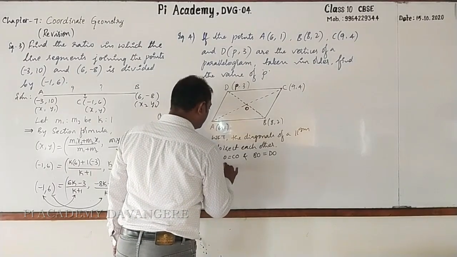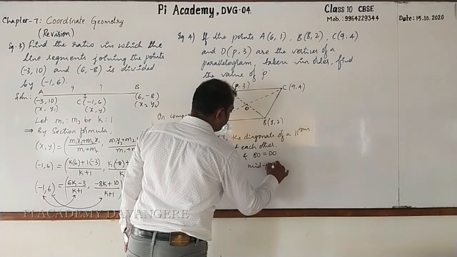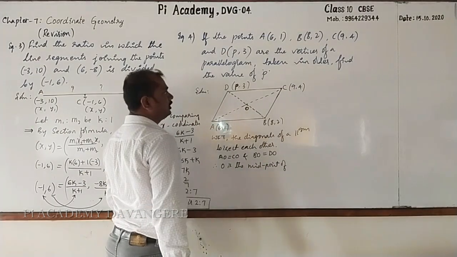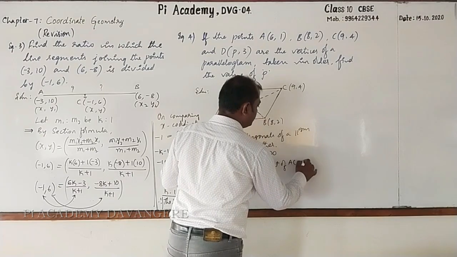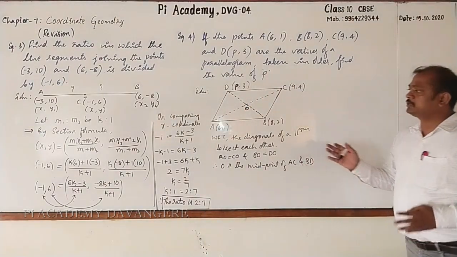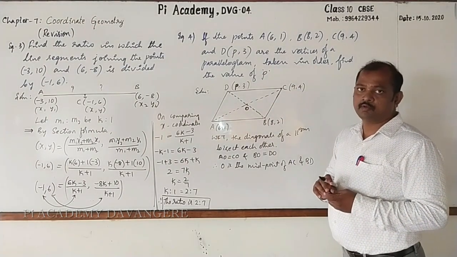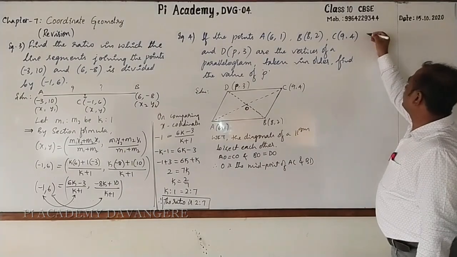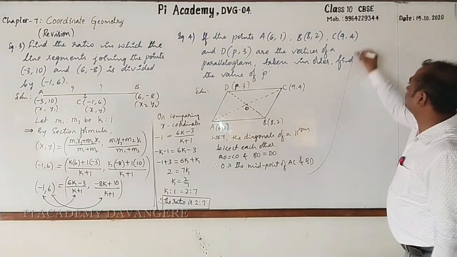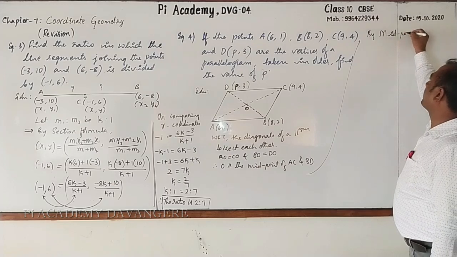Therefore, O is the midpoint of AC as well as BD. Now, if it is so, can we go for using the midpoint formula to find out the value of P? Yes. Here I'll write. By midpoint formula.